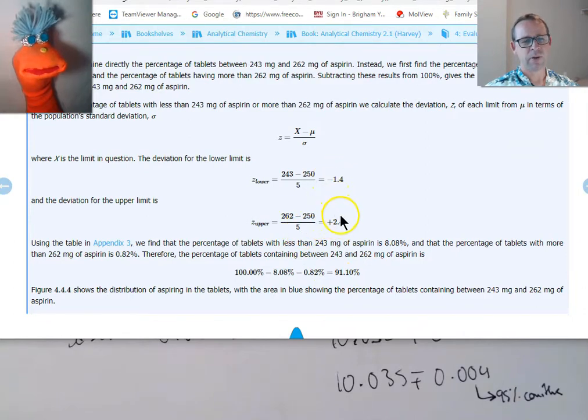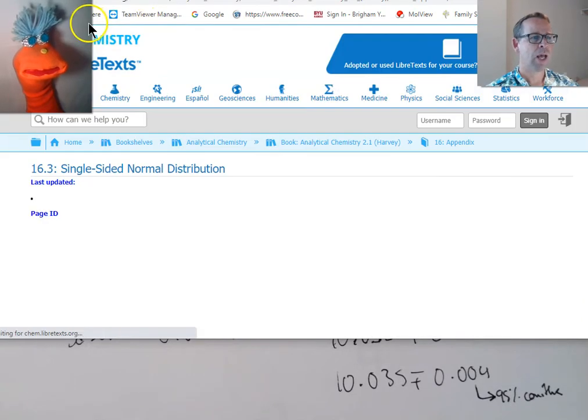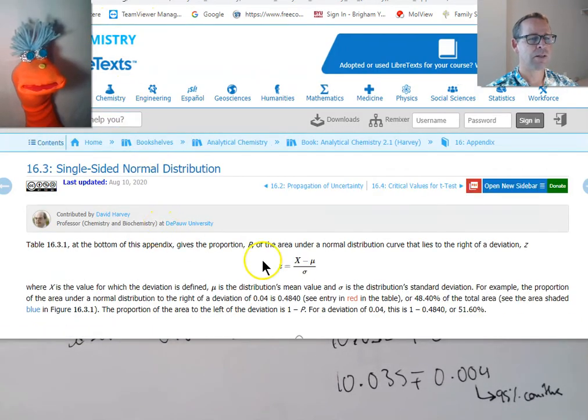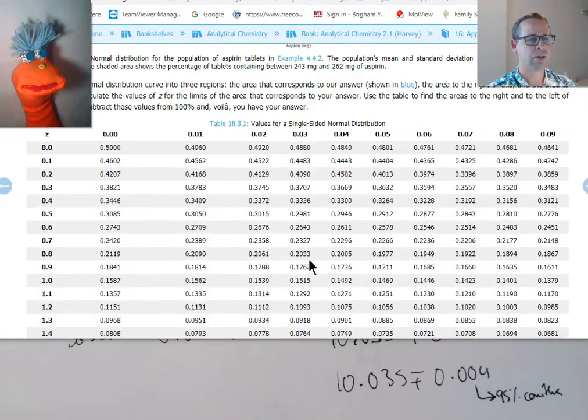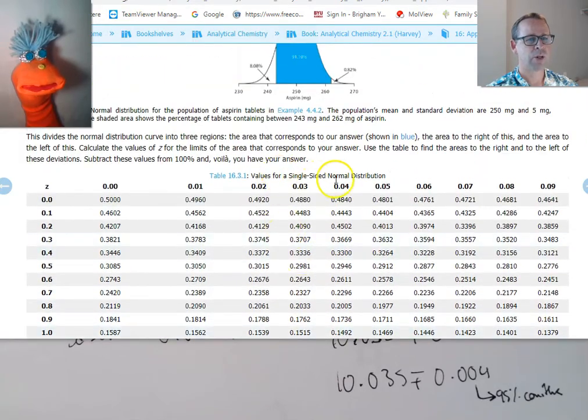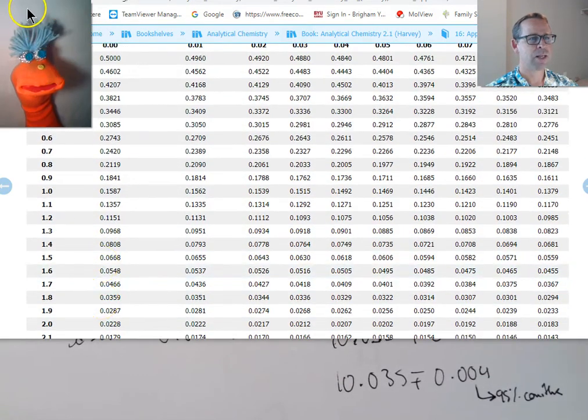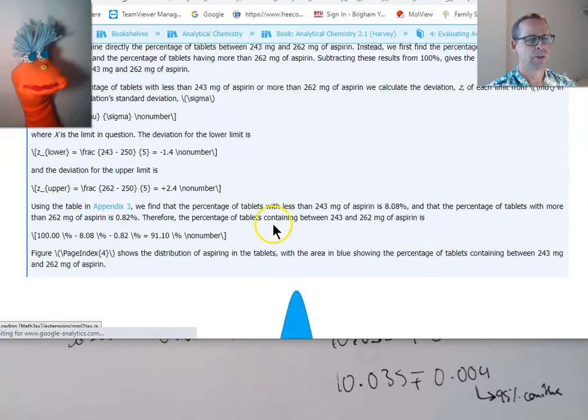And these Z values, we have a table here. So we go to this table, and in this table we can see down here, looking at the values for a single-sided normal distribution, looking at our first column here, we can say, what were our values again? Oh, I can't remember.